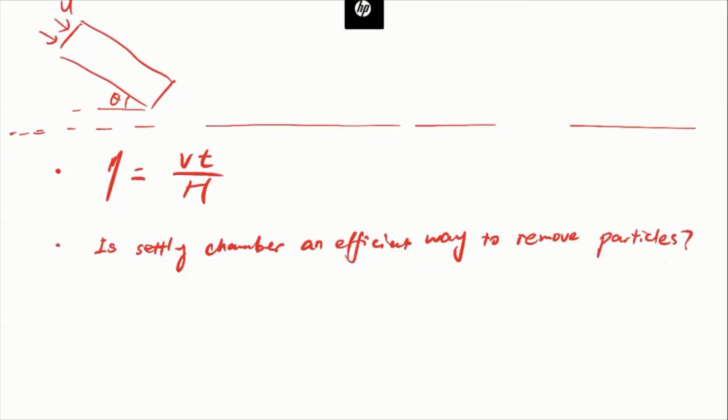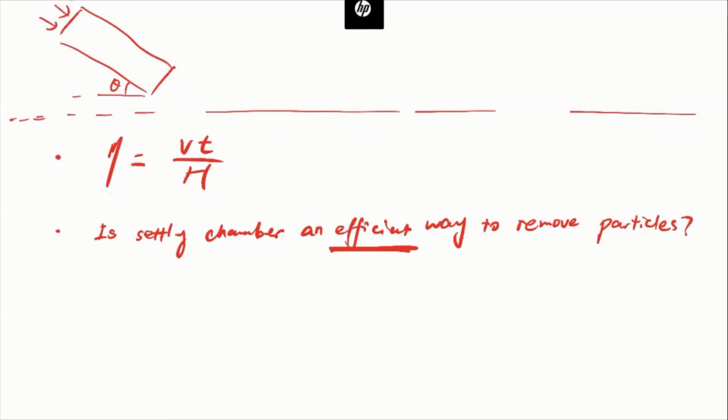Okay, so let's consider the efficiency here. If it's efficient enough, probably we don't need to build all of those other particle removal or particle control devices. We can just build a duct to remove the particles. But it turns out that this is very inefficient. Okay, let's just write no here.